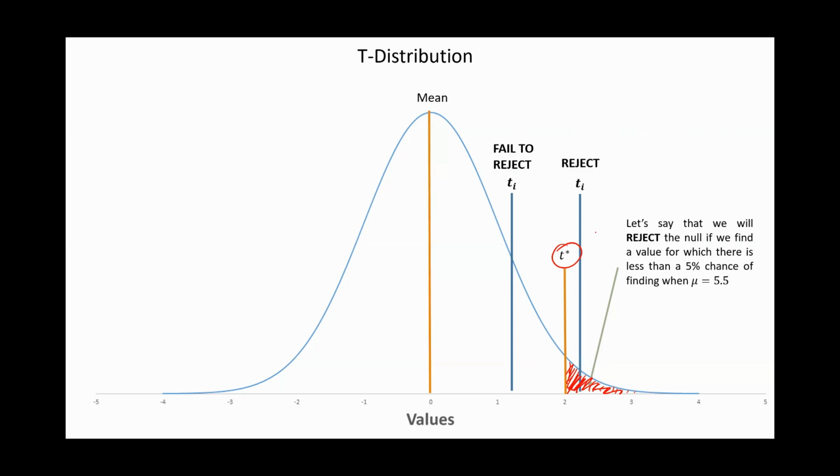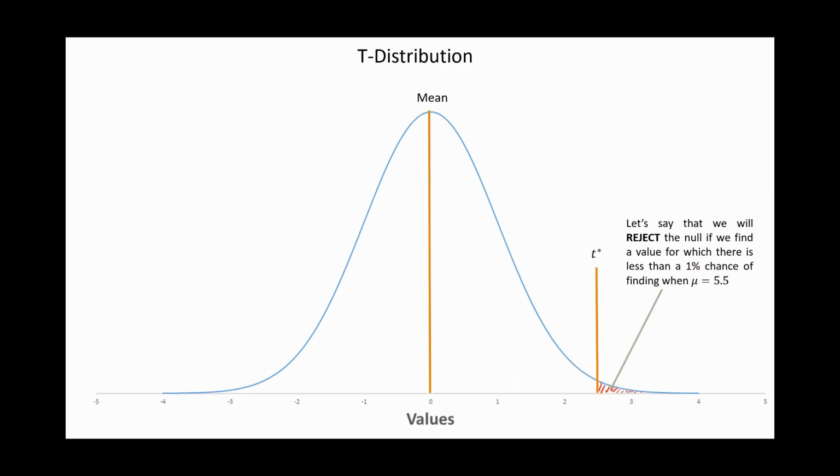If our t-statistic is more extreme, farther away, less likely than our cutoff, then we will reject it. In this case, we've chosen a cutoff of 5%. We will reject the null if we have a t-statistic that is less than 5% likely to occur under the assumption of our null hypothesis.